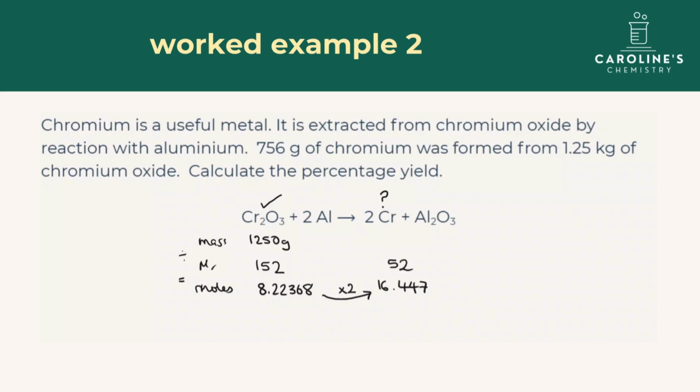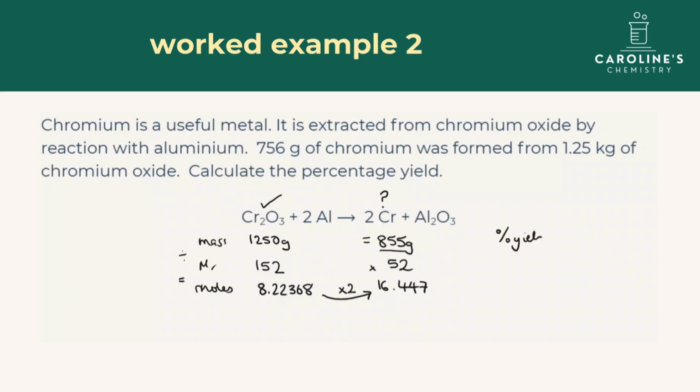So the Ar of the chromium is 52, again off the periodic table. And to work out the mass, we do those two times each other in order to give the answer of 855 grams. That is the theoretical maximum mass of chromium that we could have made.